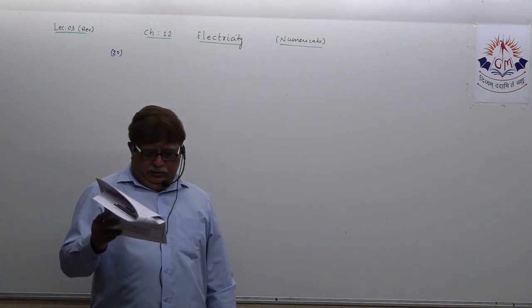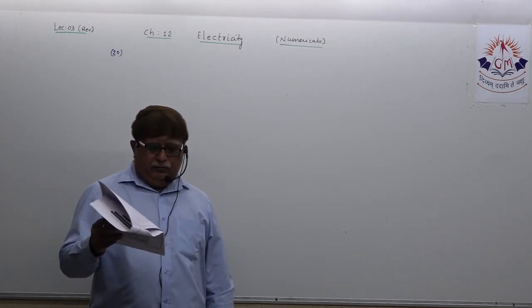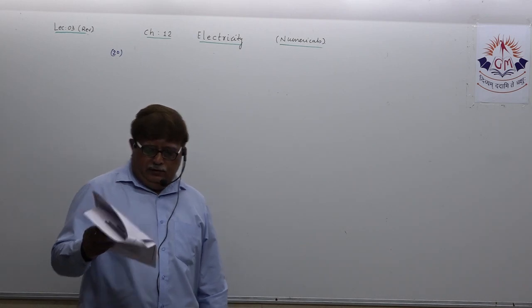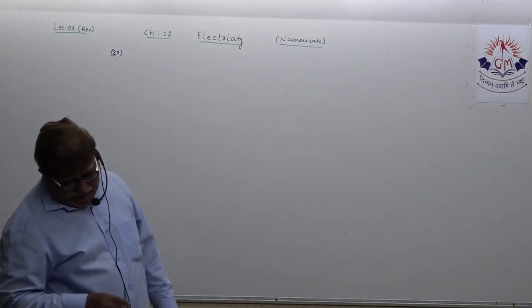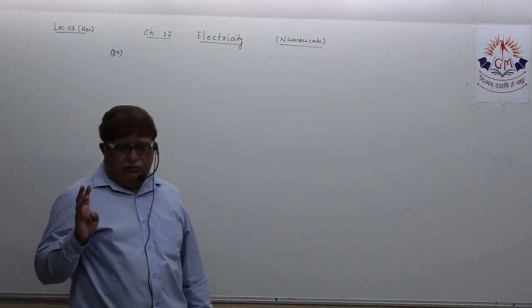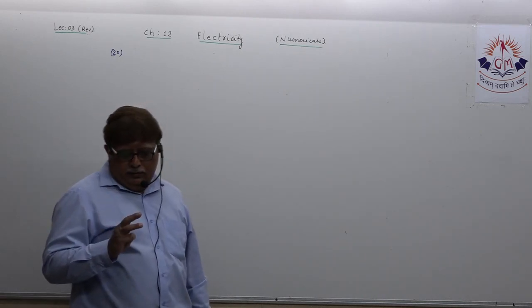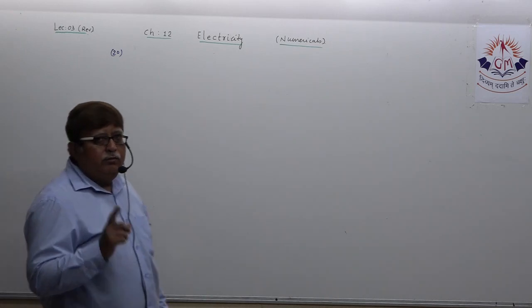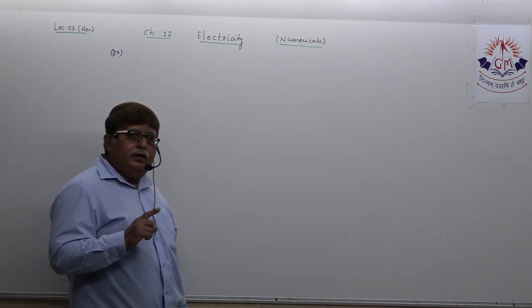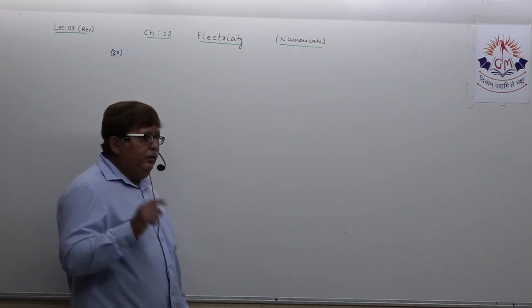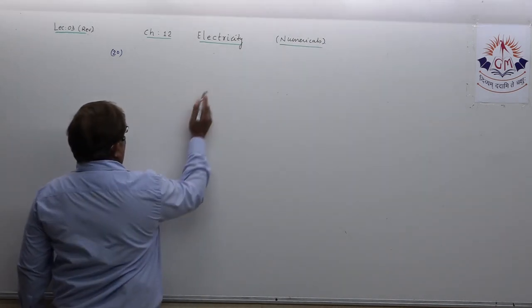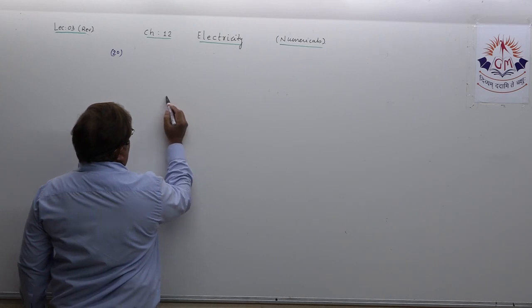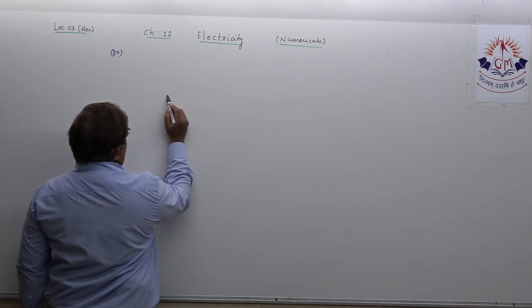Calculate the total resistance of the circuit and the current flowing through the circuit. Here, dear student, three resistors 5, 10 and 30 ohm are to be connected in parallel connection. Let us start drawing the schematic circuit diagram first.